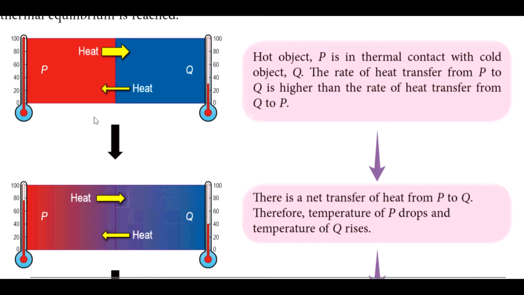Look at this diagram showing objects P and Q in thermal contact. P is hotter, at higher temperature. Q is cooler, at lower temperature.